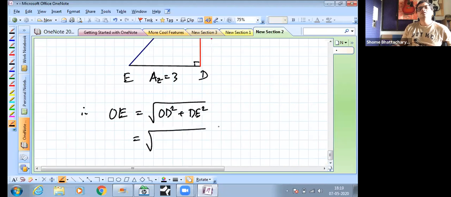So this is AX square plus AY square, because OD was square root of AX square plus AY square, and this is nothing but AZ square.